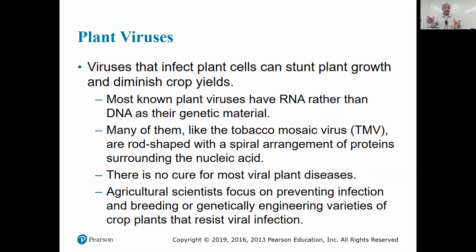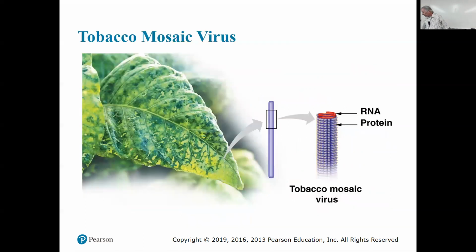HIV infection is now a treatable disease, and you can live a fairly normal life by taking the right drugs. But you can't cure it, particularly lysogenic viruses. Like I said, you have them for life. You can't get rid of them. So agricultural scientists focus on preventing infection by genetically engineering varieties of crop plants that resist viral infection. There's the tobacco mosaic virus.